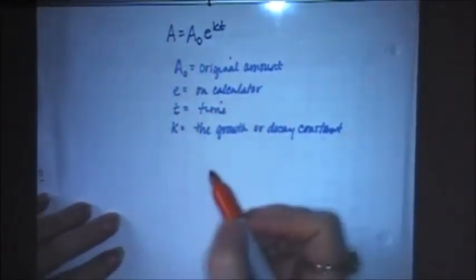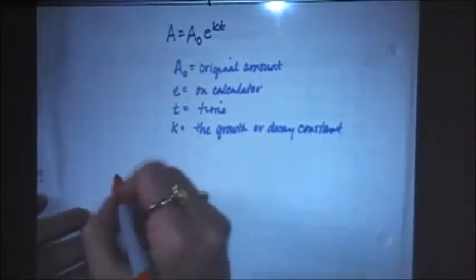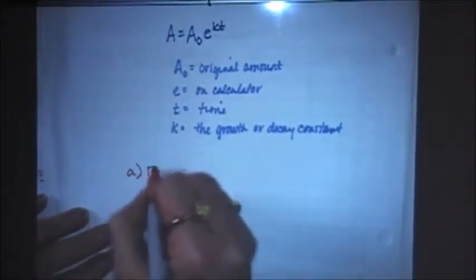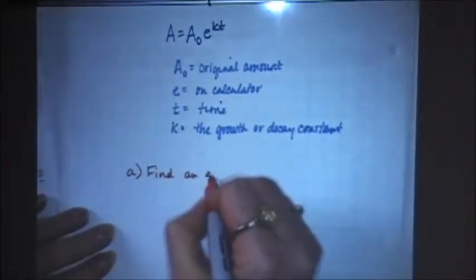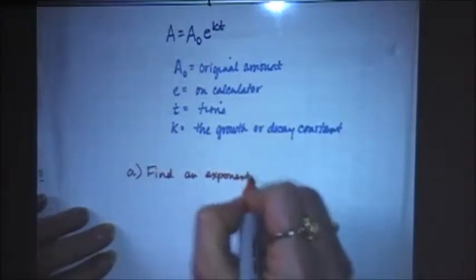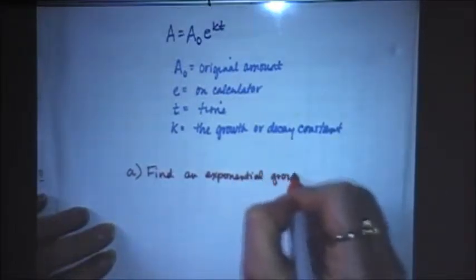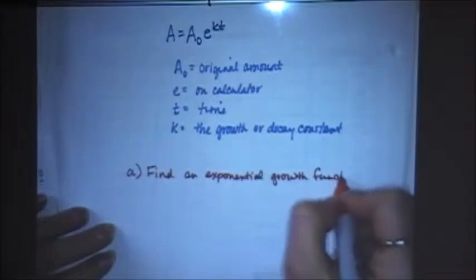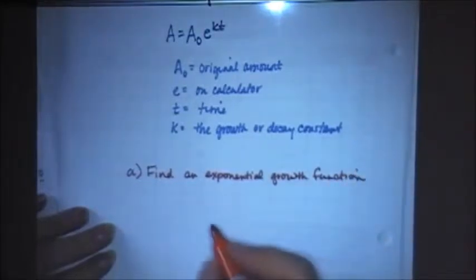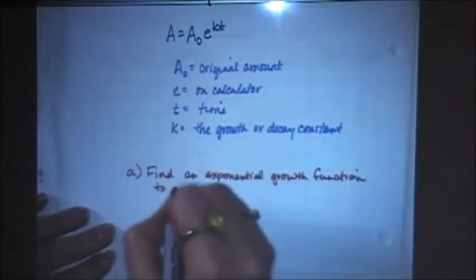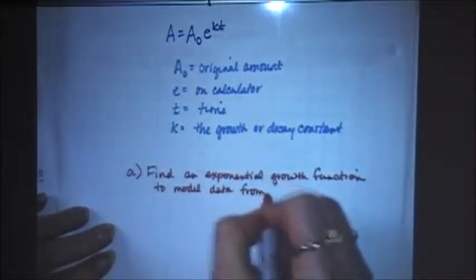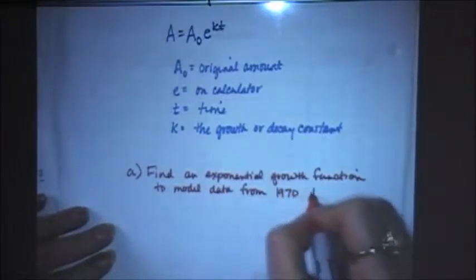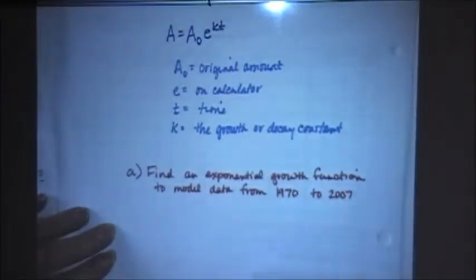So on this, we're going to use our exponential growth model to model population. So the question asks, find an exponential growth function to model data from 1970 to 2007.